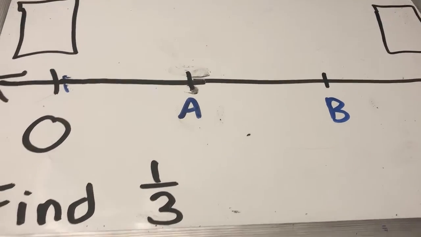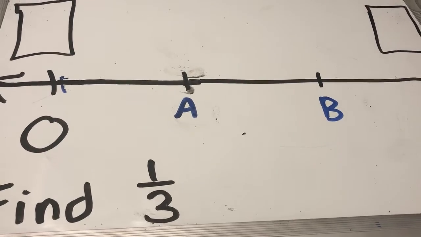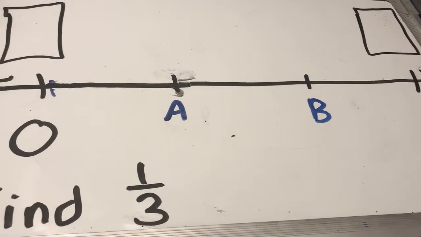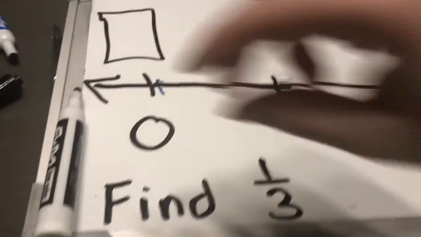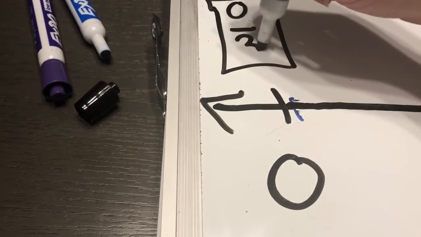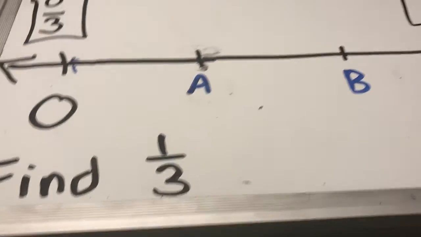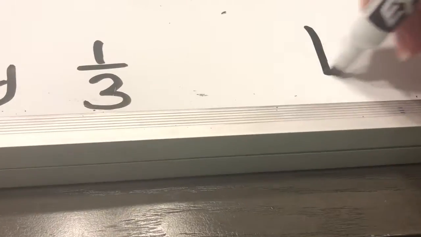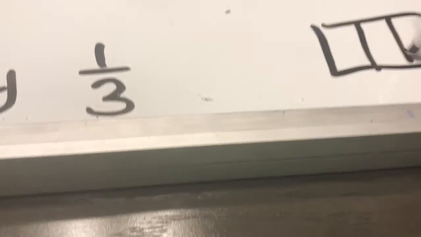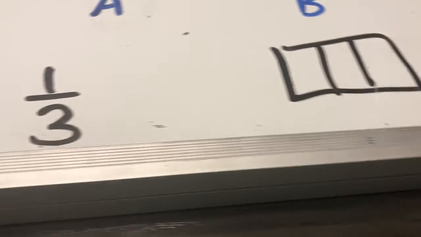Now, we need to find 1/3. So like I said before, I like to label the whole numbers. When we have 0, we have 0/3. When we have 1 whole, we have 1, 2, 3/3.